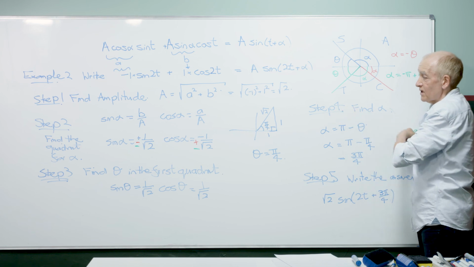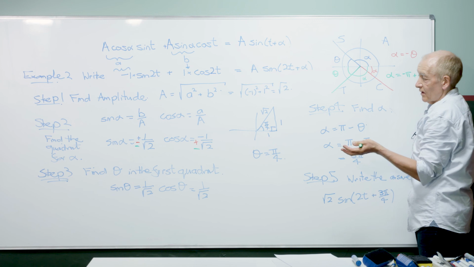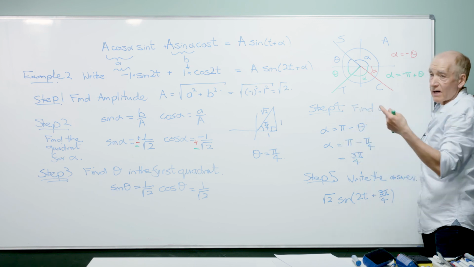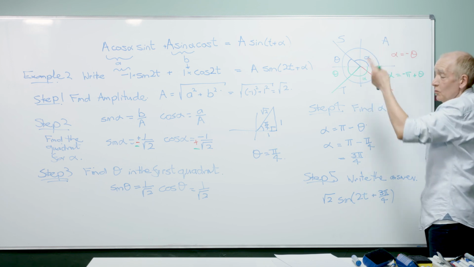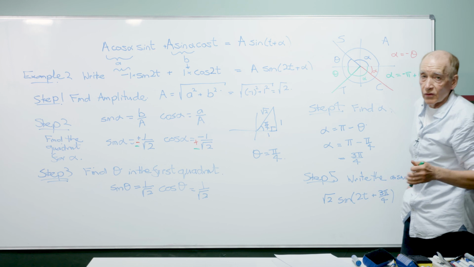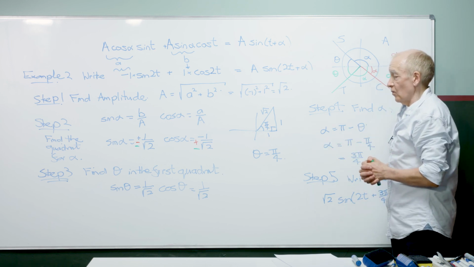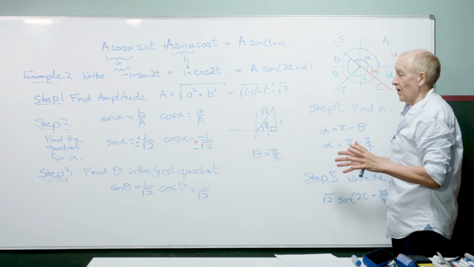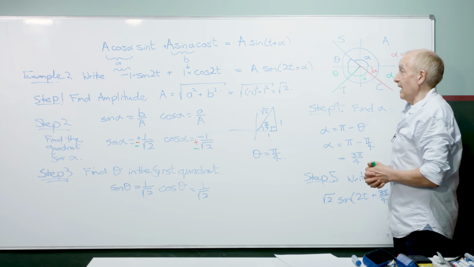But if I just put tan alpha is equal to 1 in that case into the calculator, it'll give me an answer in the first quadrant. It'll assume that the angle's in the first quadrant. So we need to be careful. We need to use all of the information along the way. But at least now you hopefully have an algorithm for finding alpha in whatever quadrant it ends up being in.